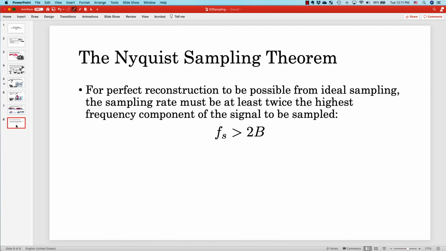And the Nyquist sampling theorem says, in a nutshell, that for perfect reconstruction to be possible after ideal sampling, the sampling rate that is chosen must be at least twice the highest frequency component of the signal to be sampled. So, a couple of things to note here.